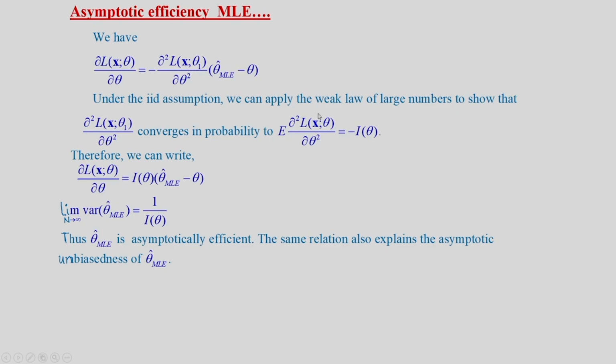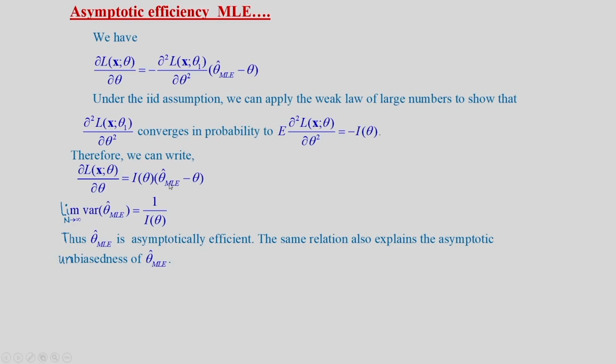Therefore, we can apply the weak law of large numbers, which means that this quantity del 2L of x by del theta square at point theta 1 will converge in probability to the corresponding expected value of del 2L of x, theta by del theta square, which is equal to minus I theta. Therefore, we can write del L del theta is equal to I theta into theta hat MLE minus theta. So, we have established that for large n, when n tends to infinity, del L del theta can be expressed as I theta into theta hat MLE minus theta, which means that theta hat MLE is the efficient estimator.